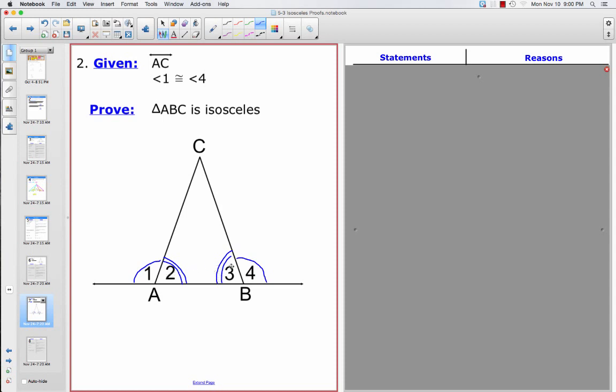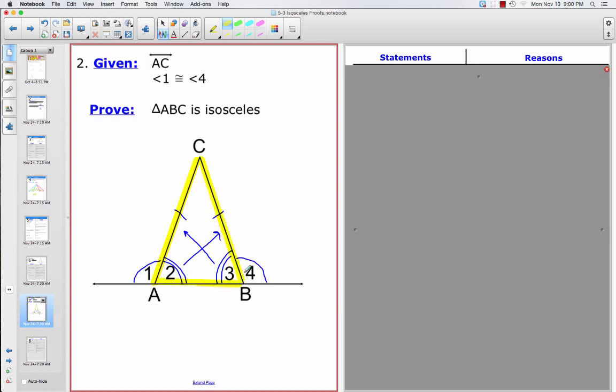So 2 is congruent to 3. If 2 and 3 are congruent, then the sides opposite those angles would have to be congruent as well. So then AC is congruent to BC, and there we go. If we have two congruent sides, then that makes the triangle isosceles.